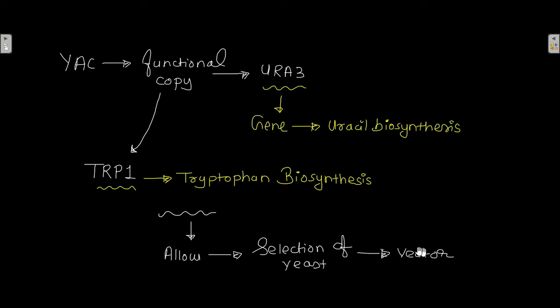So these two are the marker genes in the case of the yeast artificial chromosome, that is TRP1 and URA3. URA3 is responsible for uracil biosynthesis and TRP1 is responsible for tryptophan biosynthesis.